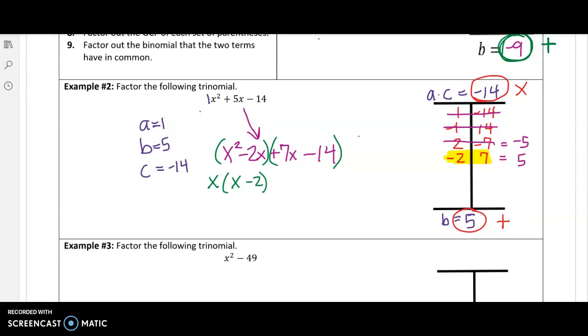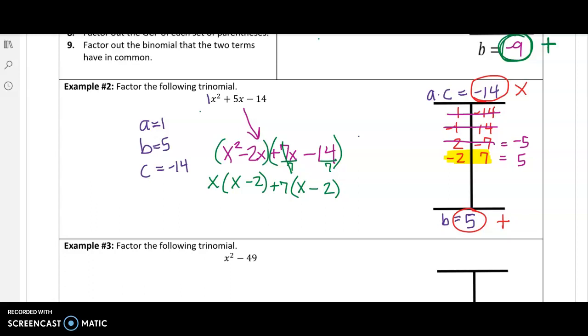Now in the next one, they don't both have x's, so I cannot factor out an x, but they are both divisible by positive 7. So I am factoring out positive 7, and remember to see what's left in the parentheses, divide them both by that 7. 7 divided by 7 is 1, so 1x, and 14 divided by 7 is 2.